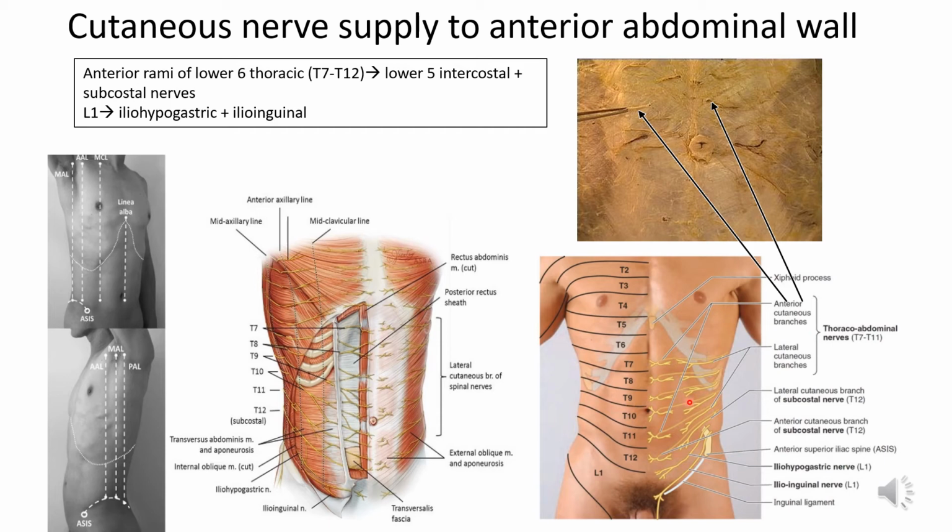The 11th intercostal and subcostal nerves supply strips of skin below the umbilical level, while the iliohypogastric nerve and the ilioinguinal nerve supply a strip of skin immediately above the inguinal ligament and pubic symphysis. Since thoracoabdominal nerves also convey sensation from the costal and peripheral diaphragmatic pleura, pleural inflammation can also produce pain felt in the abdominal wall.